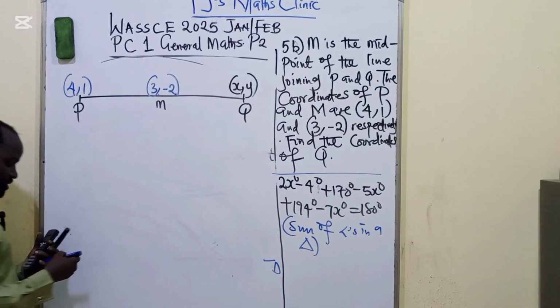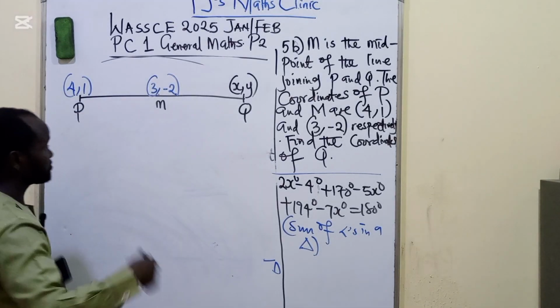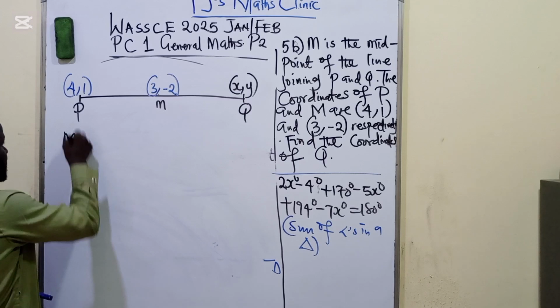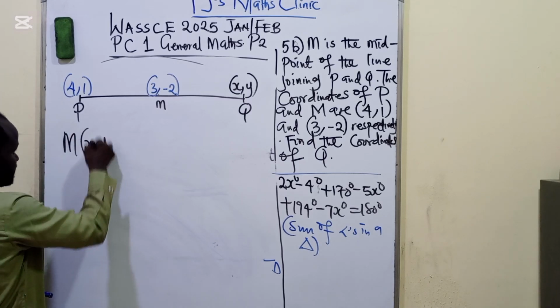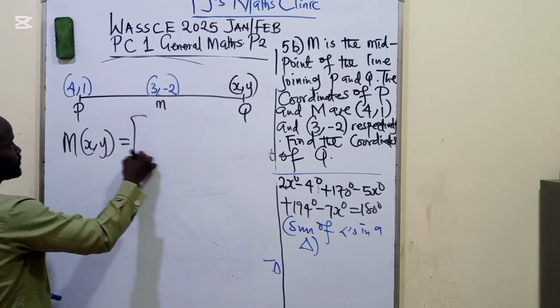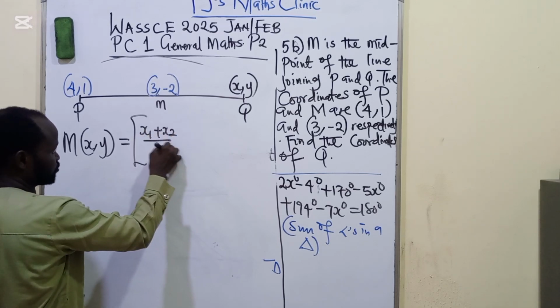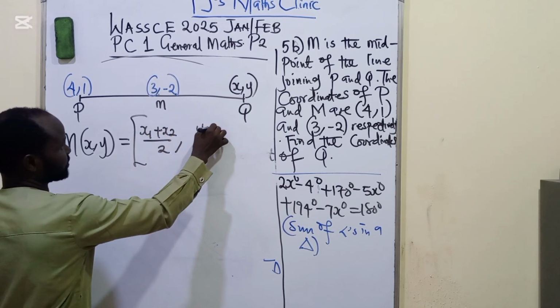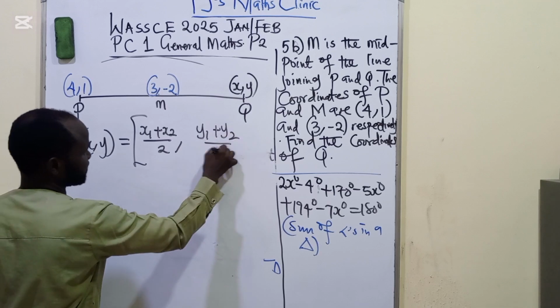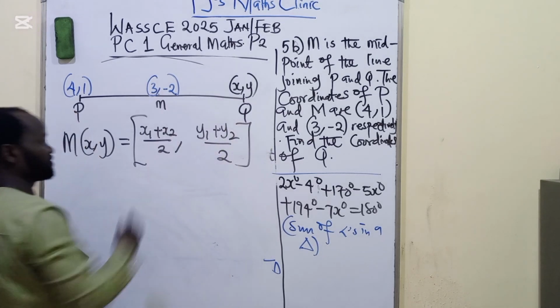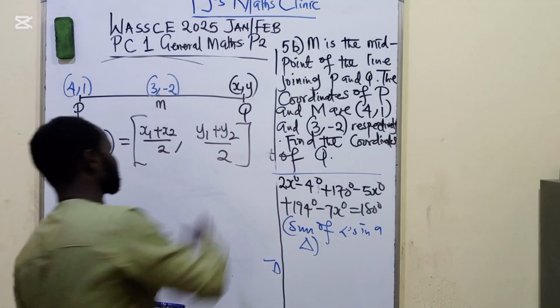Very important. Midpoint between 2 points is given as M(x, y) equals (x1 plus x2) divided by 2, (y1 plus y2) divided by 2. So this is the formula that we use here to solve this.